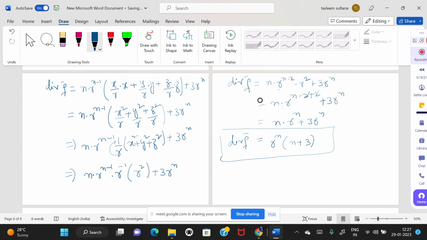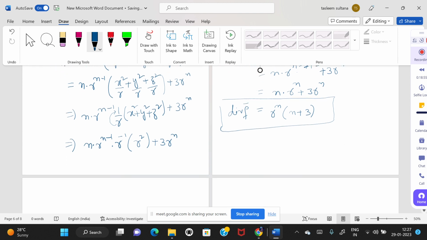Next, they are saying find the n value for which it is solenoidal. According to the definition, if divergent of f vector equals 0, it is said to be solenoidal.